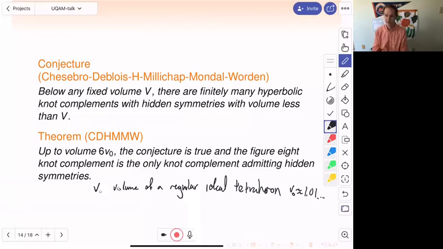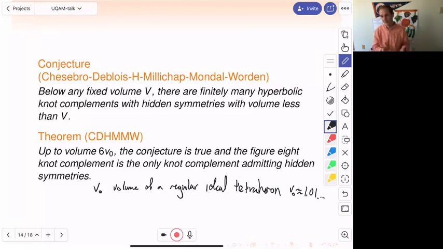One thing that's very interesting about this is that there are lots of manifolds, and in fact orbifolds, covered by this theorem that also fit into the first part of the talk. So there are lots of ways of building commensurable knot complements that we know will not have hidden symmetries.